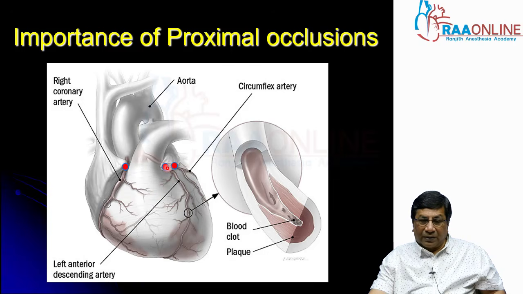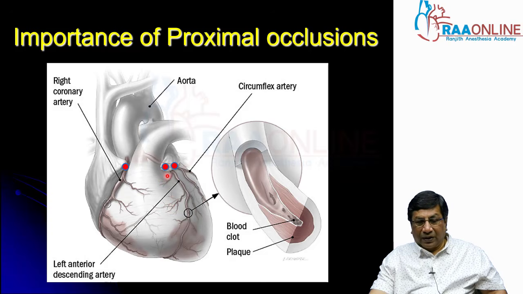So when there is a proximal occlusion, your conduction system is also at huge risk. They are going to be ischemic or infarcted. This will result in further complications of arrhythmias and conduction disturbances, AV blocks, complete heart block and so on, which will further complicate the picture.